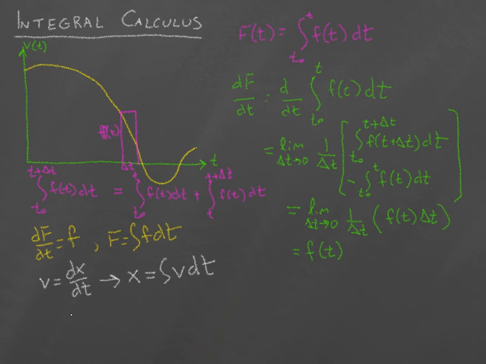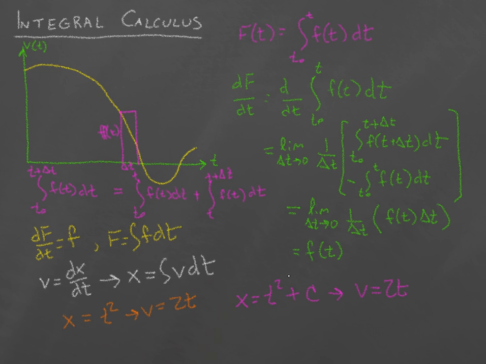But there's one caveat. Let's say we have some function x is equal to t squared. v is 2t. But now, if we have x is equal to t squared plus c, notice that v is still 2t.